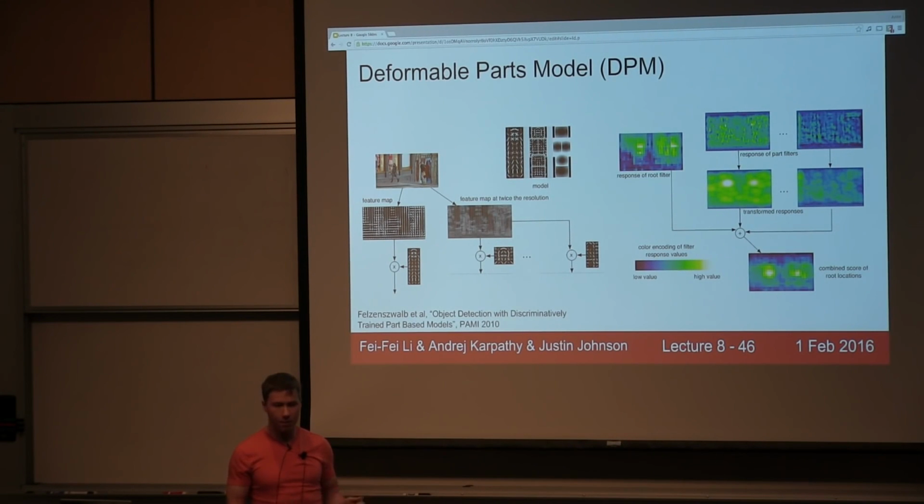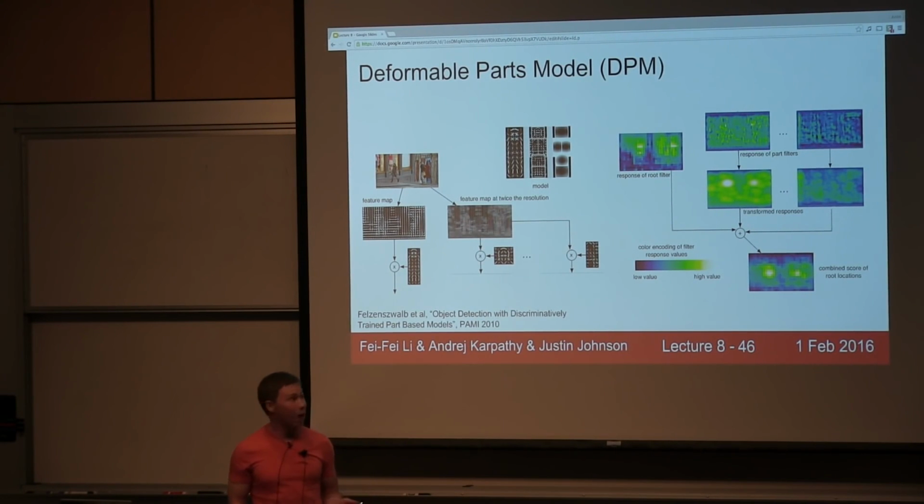They have a fancy thing called a latent SVM to learn these, and a really fancy dynamic programming algorithm to evaluate this really fast at test time. This is kind of fun if you enjoy algorithms. The end result is a more powerful classifier because it allows a little deformability in your model, and you can still evaluate it really fast. So we're still just going to evaluate it everywhere, every scale, every position, every aspect ratio. Just do it everywhere because it's fast.